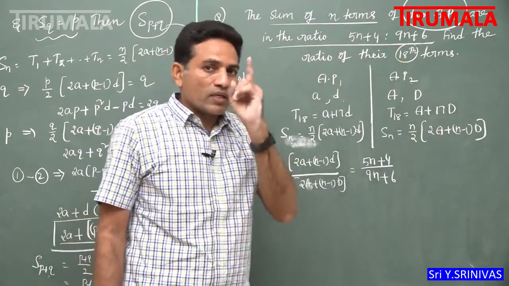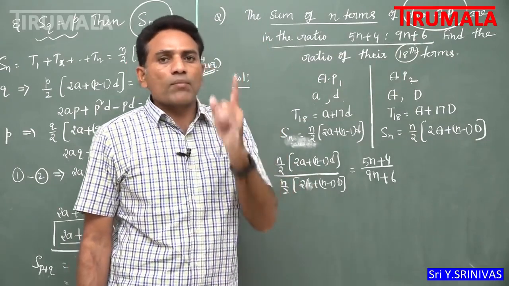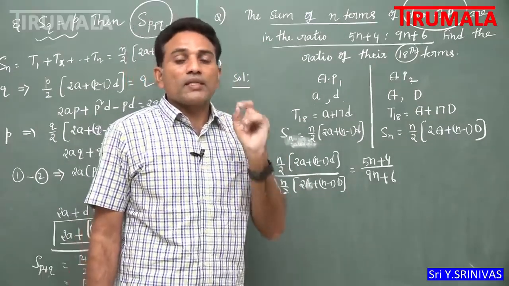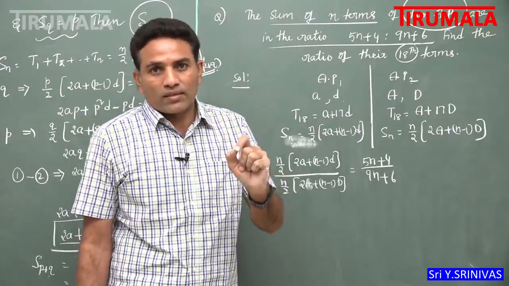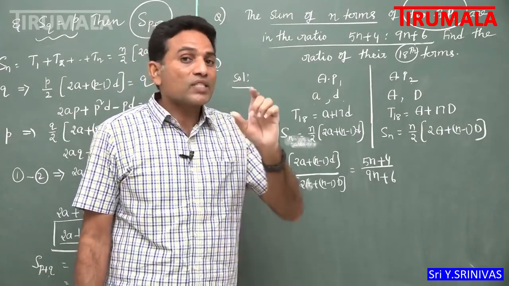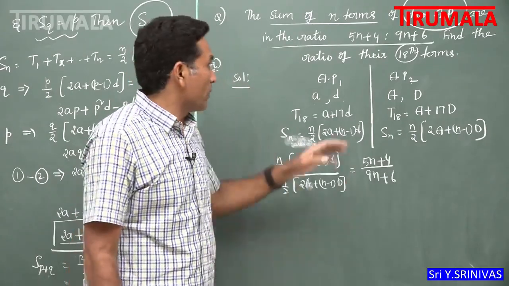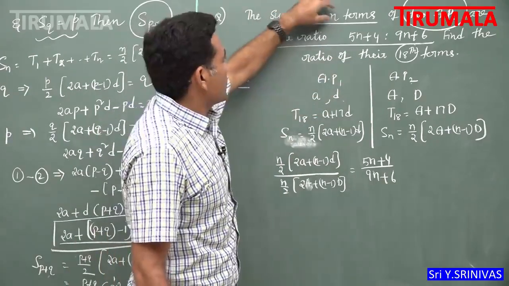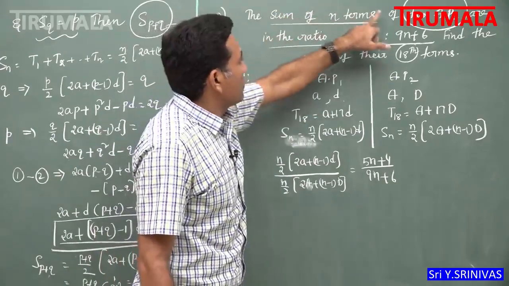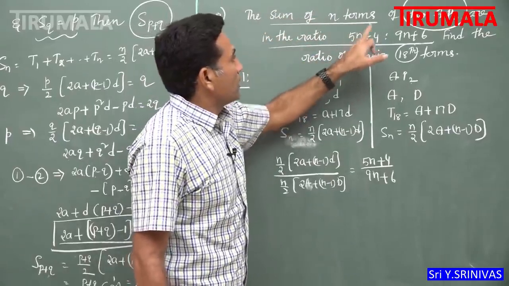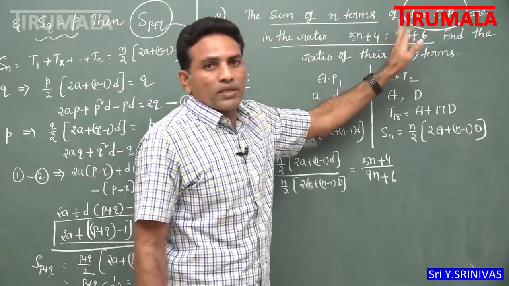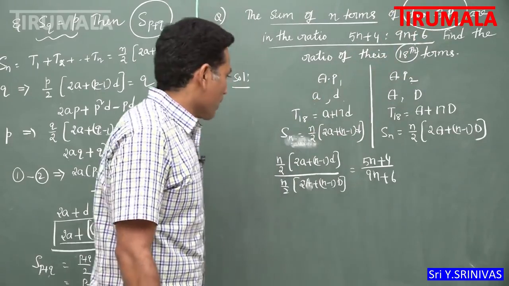I remind you, students, the sum of n terms of an AP is a quadratic expression without constant, of the form an square plus bn. Don't equate the sum of the first AP to 5n plus 4 and the second to 9n plus 6. It is the wrong approach.